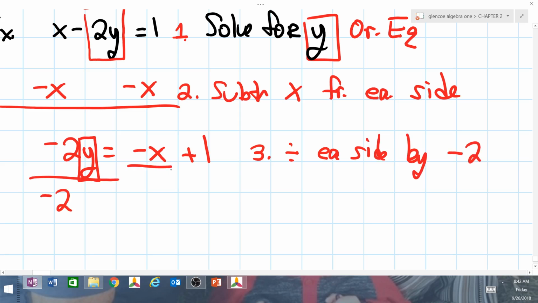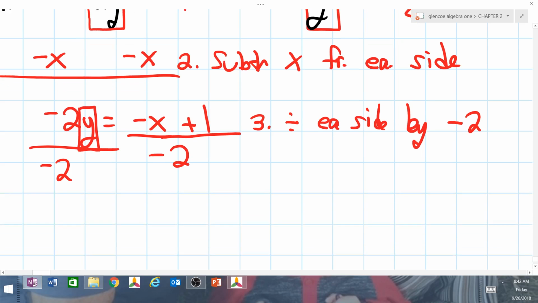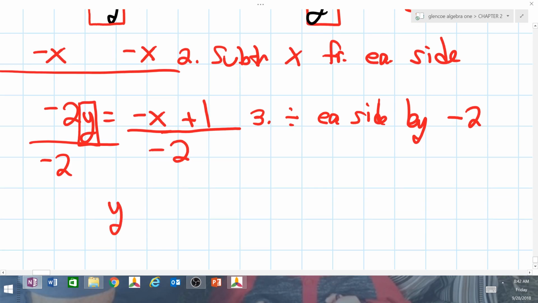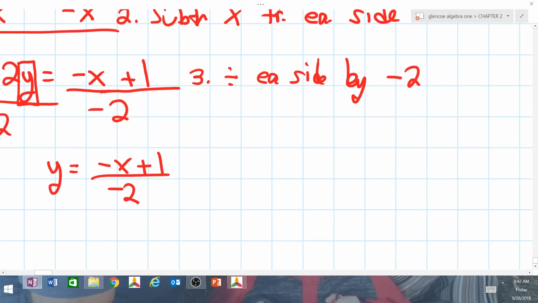Now you have two ways of doing that. Let me just show you. You can write the whole thing over negative 2. So your new equation could be y equals negative x plus 1 over negative 2. Are you with me? Or y equals negative x over negative 2 plus 1 over negative 2.